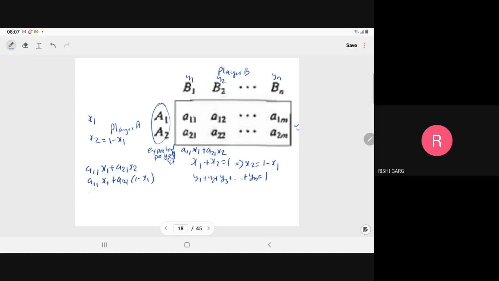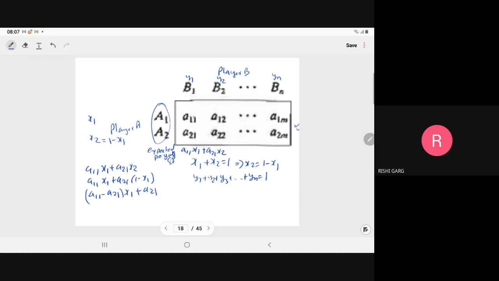This can be written as (a11 minus a21) x1 plus a21. So this is the expected payoff corresponding to pure strategy b1 for player B.